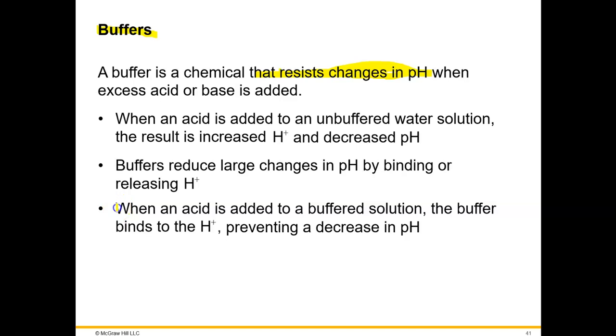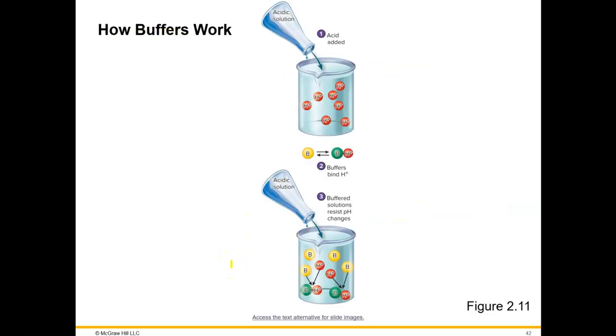So that's what a buffer does. When you add an acid to a solution that has buffer in it, the pH will stay the same, even though without the buffer, the pH is going to drop. With a buffer, the buffer itself will bind to the excess hydrogen ion that's released by the acid, and it will prevent a decrease in pH.